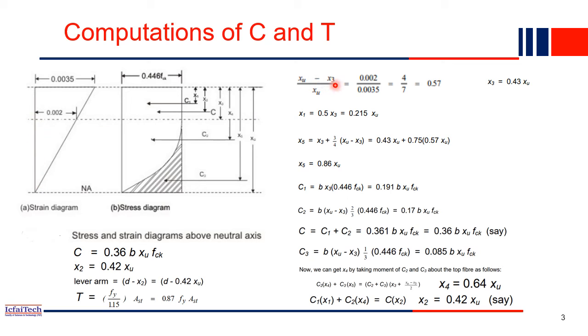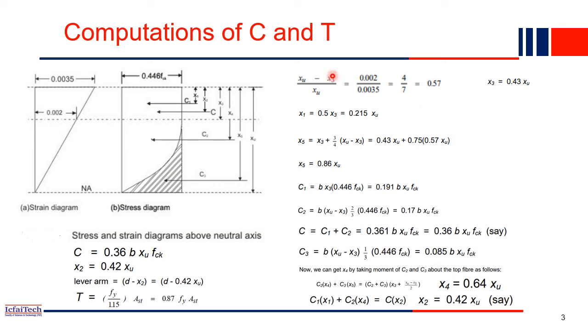So Xu minus X3 is this height, by the total height Xu, equal to 0.002 by 0.0035. This is based simply on the similarity between two triangles. You get this formula. Now just simplify it, you will get 4 by 7, or 0.57.